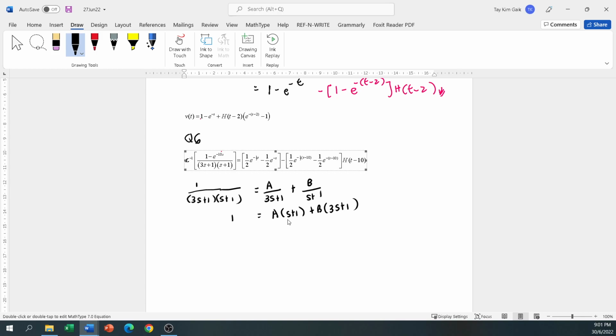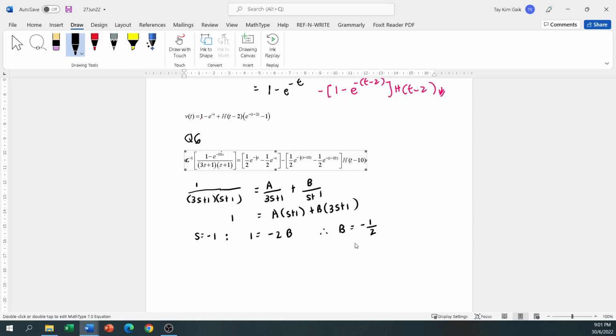We compare, and for the first linear term s plus 1, we substitute s equal to negative 1. When we substitute s equal to negative 1, the A term will be 0. Then substituting s by negative 1, you get negative 3 plus 1, which is negative 2B. Hence B is negative half.